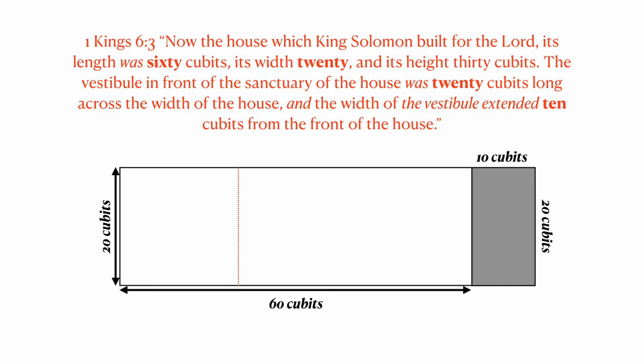Now the house which King Solomon built for the Lord, its length was 60 cubits, its width 20, and its height 30 cubits. The vestibule in front of the sanctuary of the house was 20 cubits long across the width of the house, and the width of the vestibule extended 10 cubits from the front of the house.